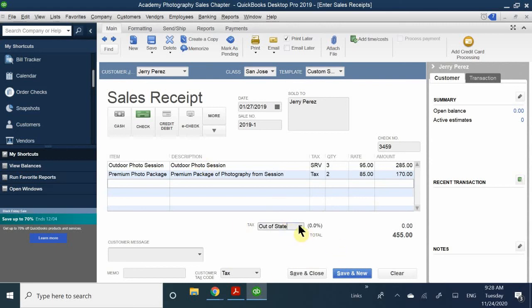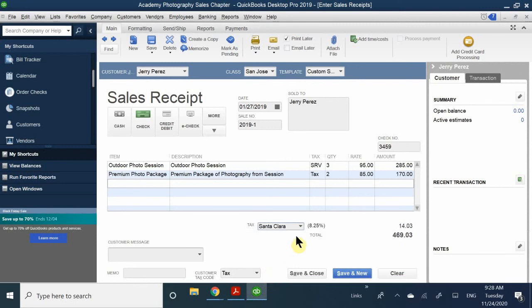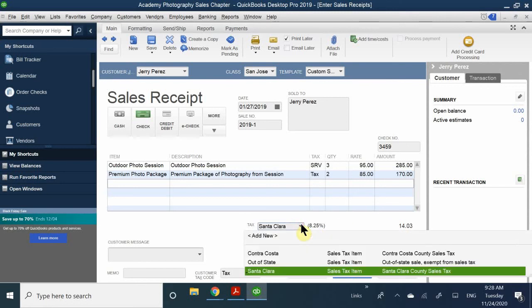In this case, I believe he is taxed at the Santa Clara. All right? Once I do that, boom, I hit him with a tax of 8.25%. All right? So again, when we talked about taxes, right? Tax items. When you tax people, it depends on what location, what city they belong to, and what state they belong to.